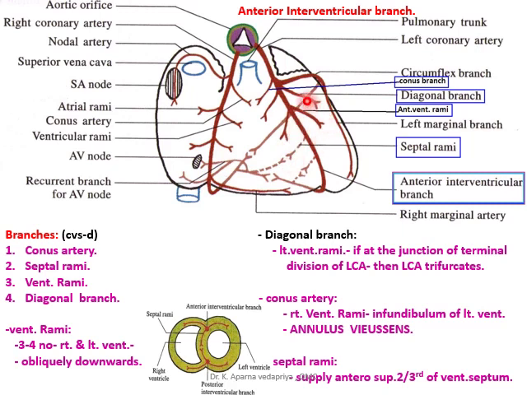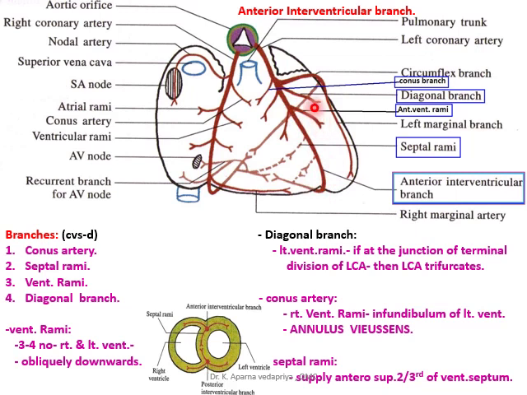Coming to the diagonal branch. This diagonal branch is the left ventricular rami, the first larger left ventricular rami, which arises from the anterior interventricular artery as the diagonal branch.